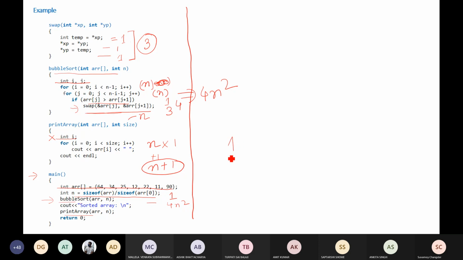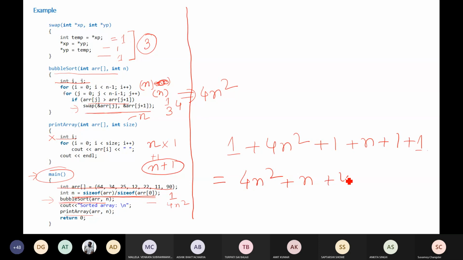So the time complexity of the main function is 1 for this statement, bubble sort is plus 4n square, cout sorted array is 1, then print array is n plus 1, return 0 is again 1. We can also omit this value. So the time complexity we can write as 4n square plus n plus 4.